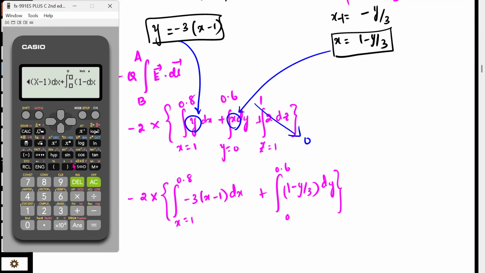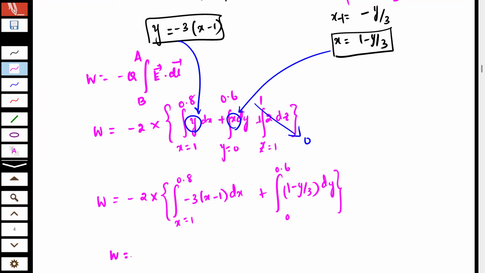For the second expression also, we should convert into the variable x, which is 1 minus x by 3 dx, with the lower limit being 0 and upper limit being 0.6. Thereby, we will get the answer, which is minus 0.96. The same answer which we got for the previous method also, minus 0.96 joules.